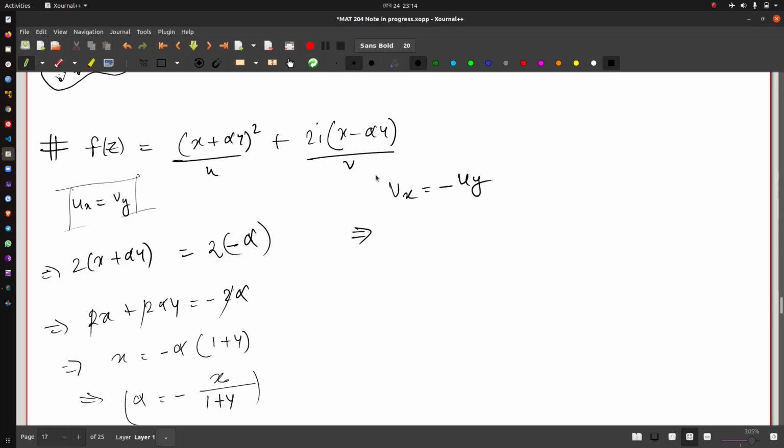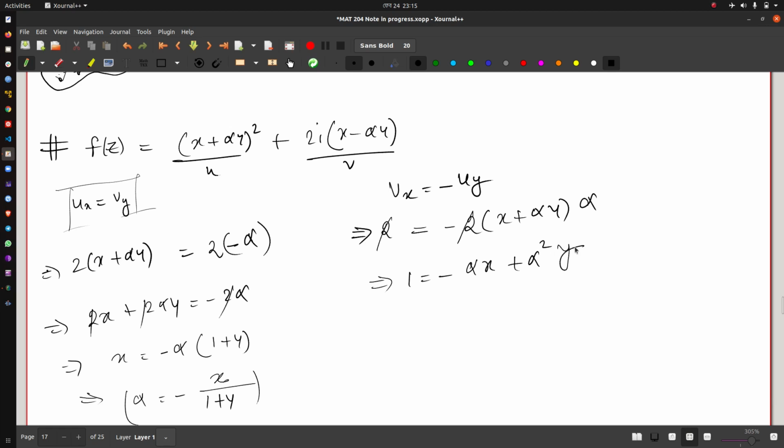So let's do it, and if you take vx, it should be just 2, and minus uy would be 2x plus alpha y, and there would be alpha over here, right? Something like this. And now you have 1 equals to minus alpha x plus alpha square y.